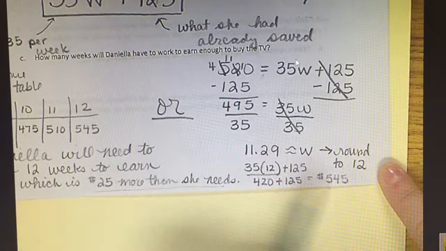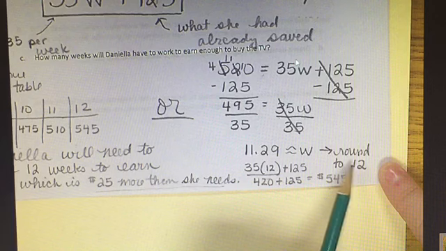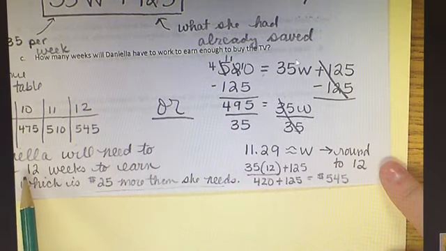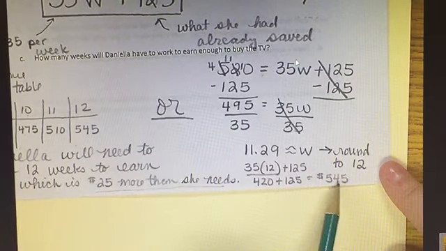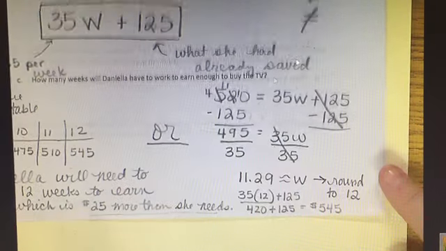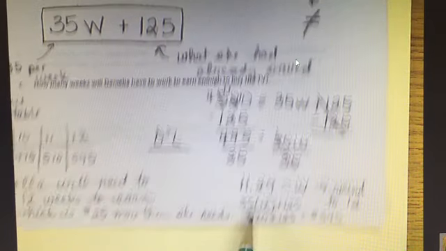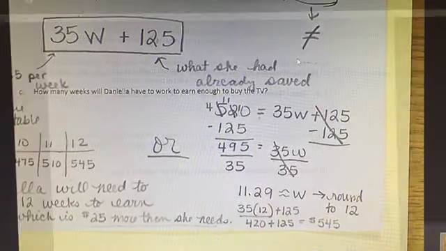So you're going to have to plug in what you decided W was, that it was 12 weeks, so that you can figure out how much extra she made. So make sure if you decide to do this portion, you also plug it back into your problem.